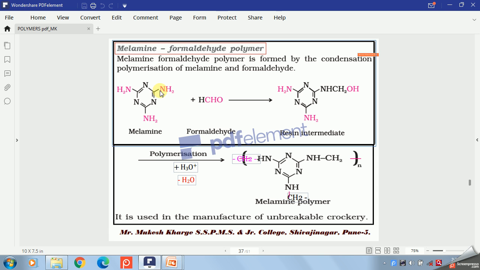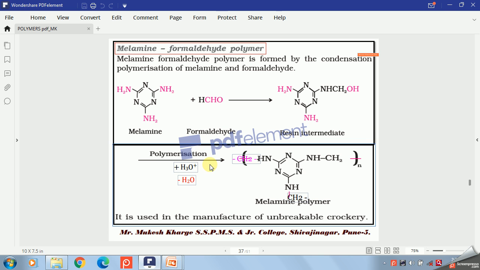So what is the change here? The NH2 group contains one lone pair of electrons. That lone pair will attack this carbonyl carbon, C double bond O group, and C=O gets converted to C-OH. So in short, this hydrogen from NH gets transferred to this oxygen of the carbonyl group and there is a formation of NH-CH2OH. This is called a resin intermediate.